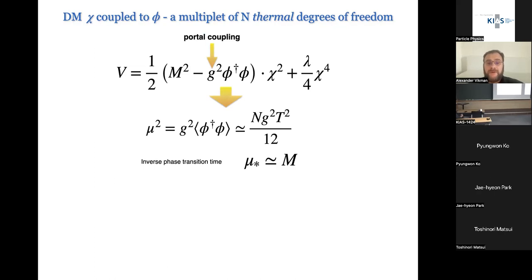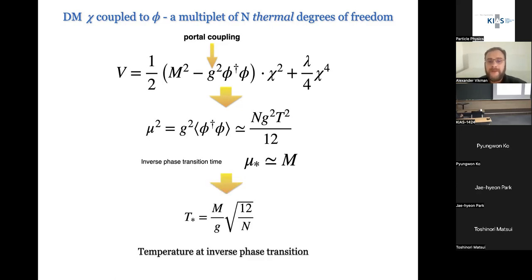So now, this inverse phase transition time we estimate very easily when mu is just equal to m, just in order not to calculate properly the moment of time when the adiabatic parameter is one. So we just look at mu equal to m, and that gives us immediately the moment of the inverse phase transition.